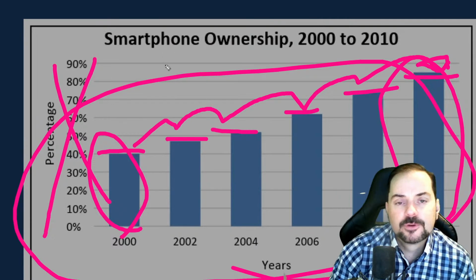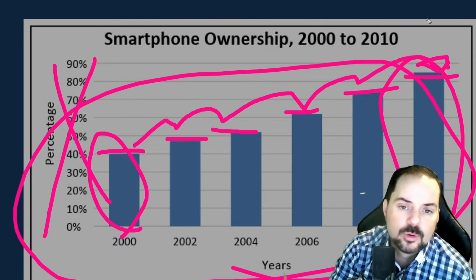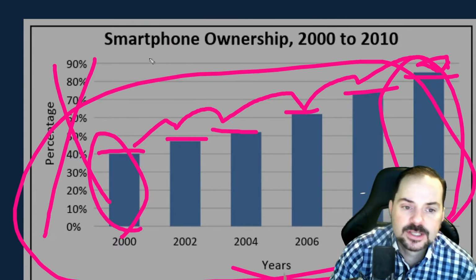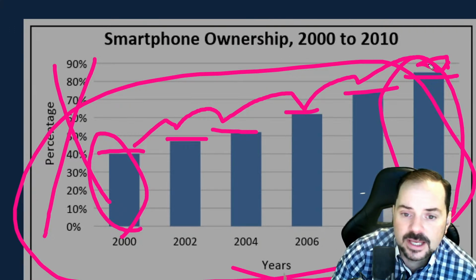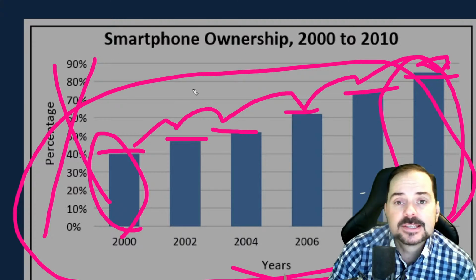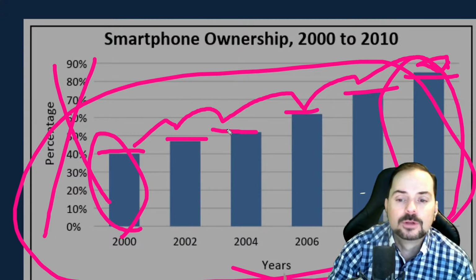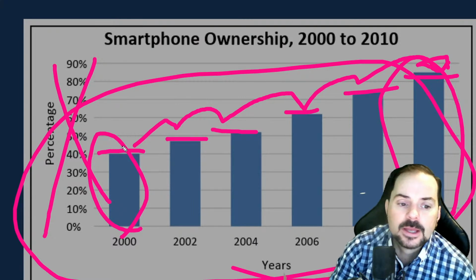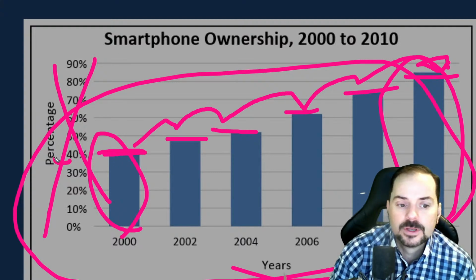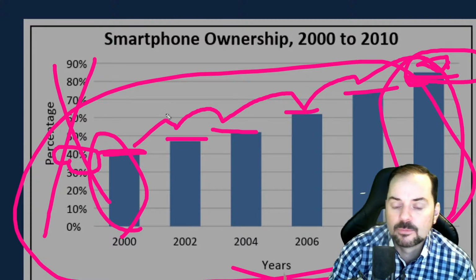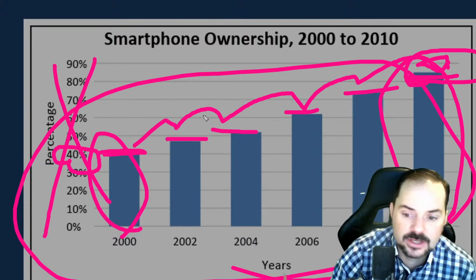So for me, at this point, what's most interesting is that smartphone ownership from 2000 to 2010 had a very consistent increase with every 2-year interval, okay? Nearly double by the end of the decade. Actually more than double. So here it's 40% and here it's over 80%. So it more than doubled within the decade, right?